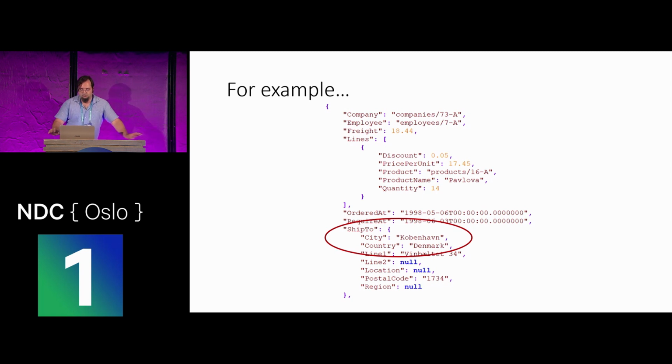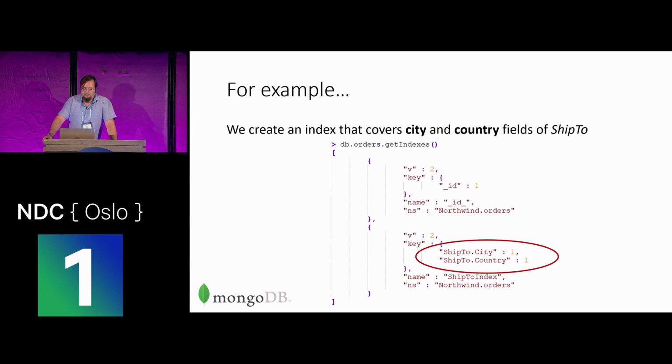Let's take MongoDB. So if we have an order like that, and we know we need to query by city or by country in a where clause, right? We want to filter by city or by country, right? So that's nice. So what do we do? We take a look at Mongo, and we see that we can make indexes by certain fields, right? Makes sense. So we create an index that will cover both of those fields.